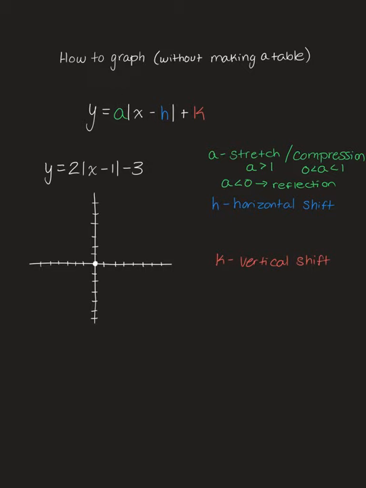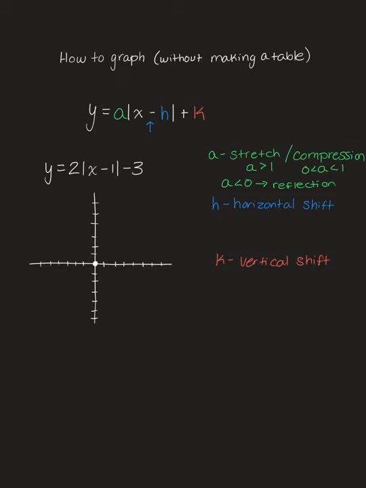Okay? Now this one's kind of tricky to figure out because inside of the absolute value you have that minus sign. Okay? So we are going to pretend that that minus sign is part of the basis of this equation. We are only going to look at the h.